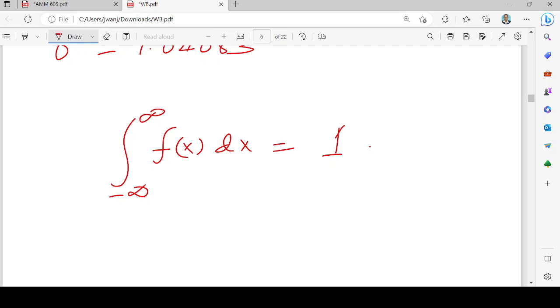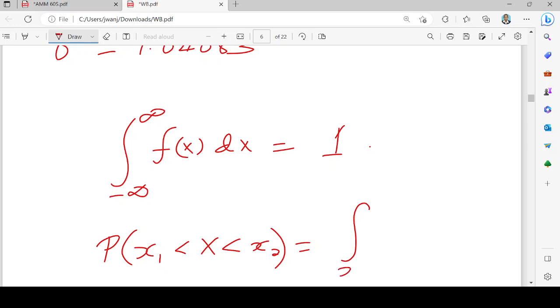We have talked about the probability that the random variable takes some value between x1 and x2, and we have said that this is given by the integral from x1 to x2 of f of x dx.